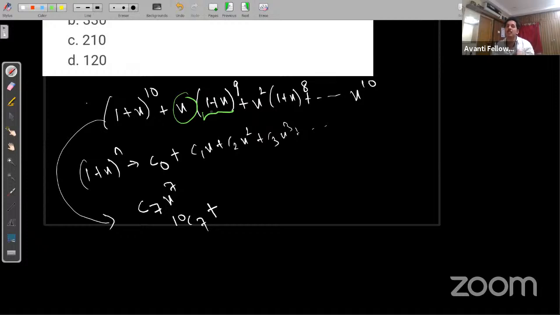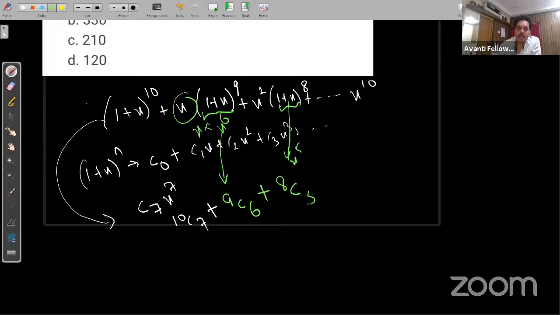But here x into there, so you have to consider x power 6 coefficient here, then x into x power 6 coefficient will become x power 7 coefficient. So what is x power 6 coefficient here? It is 9C6, okay. Similarly here you have to consider x power 5 coefficient, so it is 8C5, okay, like that you have to consider all the things.